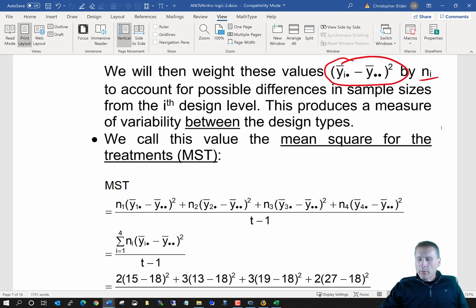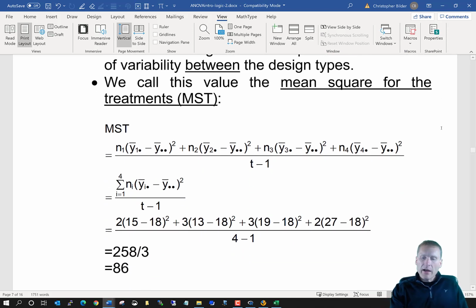And so with that, what we can do is as follows. We can calculate what's called the mean square for treatments. So for design type 1, we're going to have our weight of our sample size, which will be 2. Take that sample mean for design type 1, subtract off the overall mean, square it. Then for design type 2, we'll weight it by the number of observations there, 3.